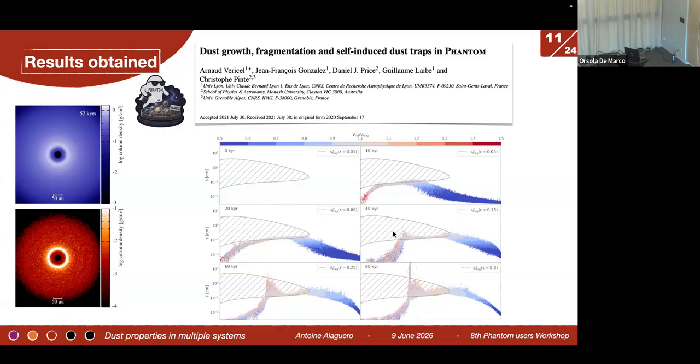And this hashed area is basically where fragmentation should happen. So when you reach that area, the grains cannot go there because otherwise they fragment, they return to their original size. The only way to overcome that limit is to form a self-induced dust trap at a given location. And you see that this self-induced dust trap allows us to solve that local fragmentation problem. So it's a very efficient process.